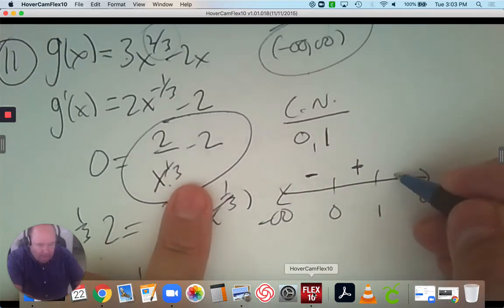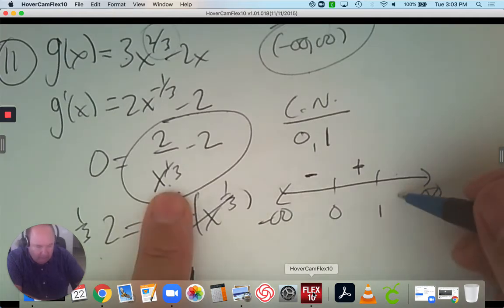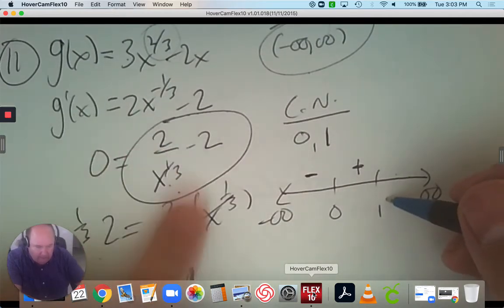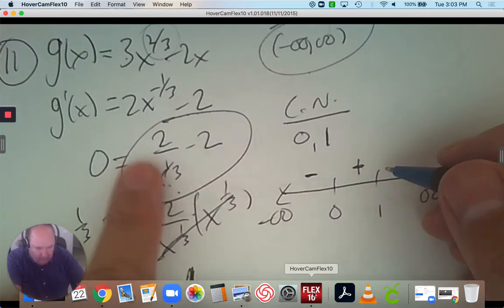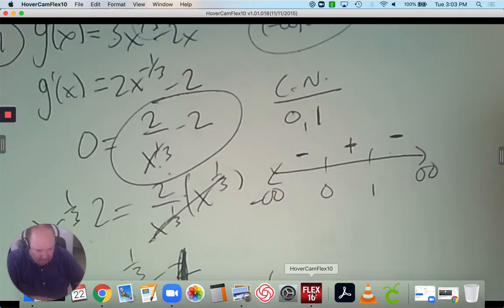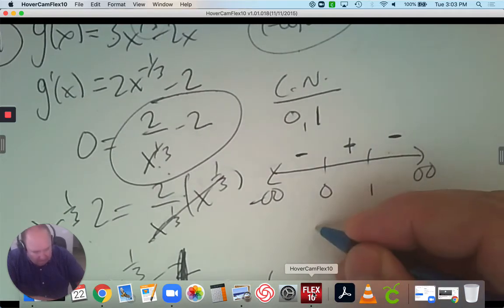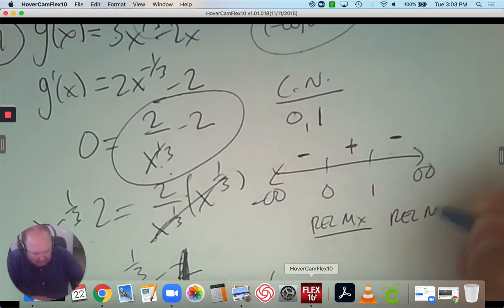And then pick another number bigger than 1, and it's going to create a big fraction. Like if I did the cube root of 1 billion, that's going to be a fraction, and -2 will overwhelm the positive part, so that you definitely have a negative, positive, negative. So already we know where our relative max and relative minimum is.